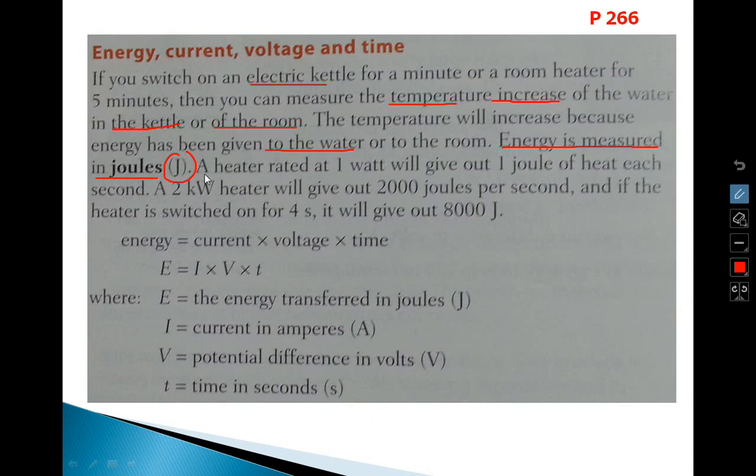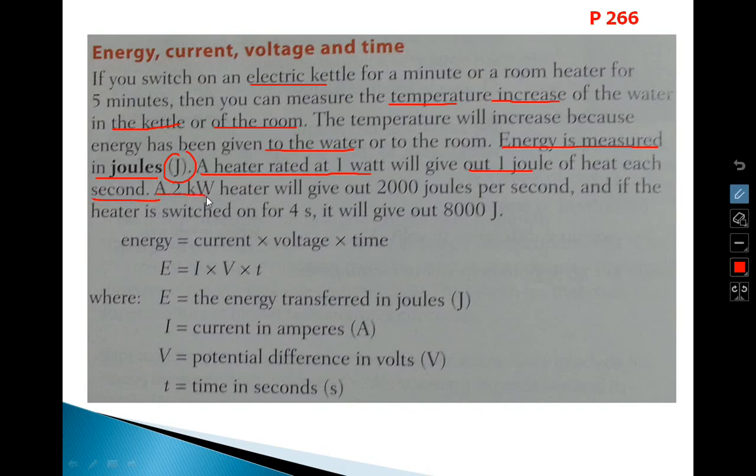So for example, if we have a heater rated at 1 watt, it will give out 1 joule of heat each second. So there is a relation between the watt, the power of this one, and 1 joule of heat every second. Another example.